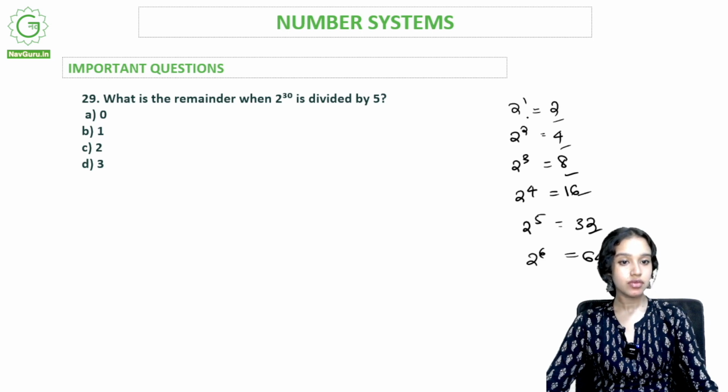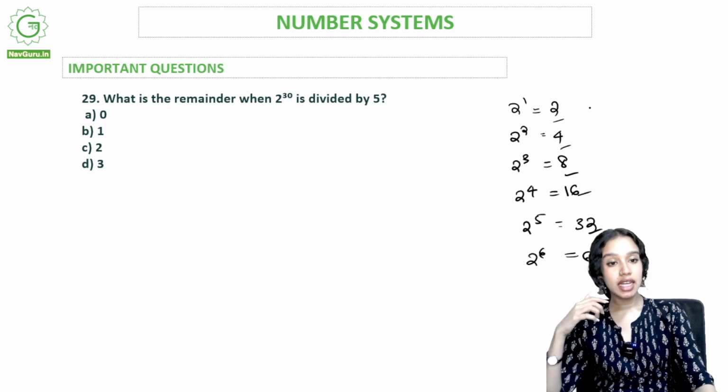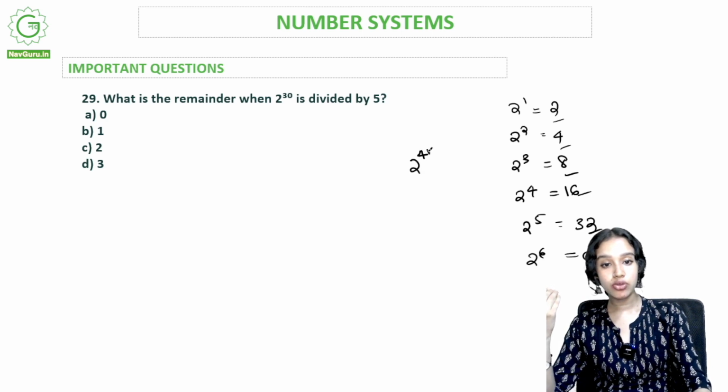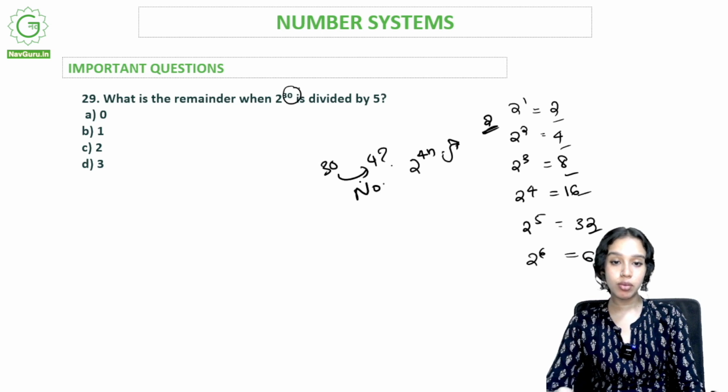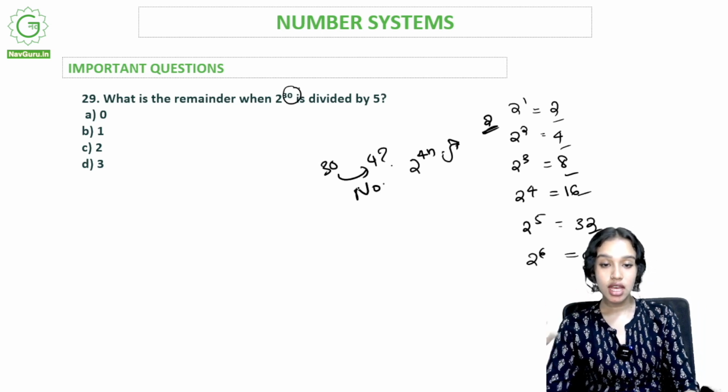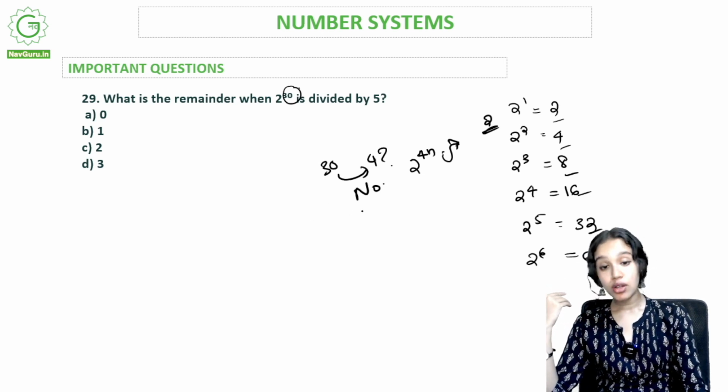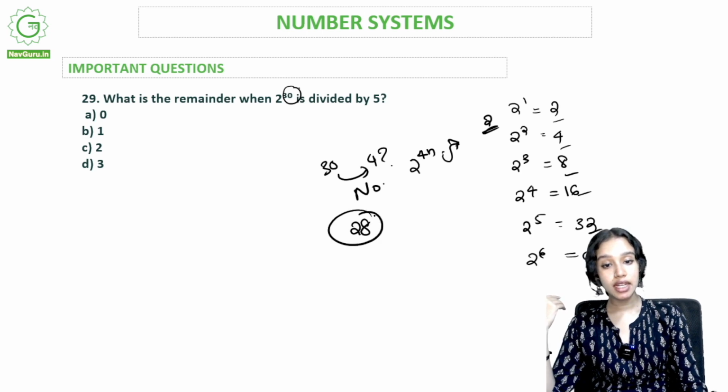So, it's repeating in a cycle of 4. So 2 raised to 4 times n would yield a number whose ones place has 2 in it. So is 30 a multiple of 4? No, it's not. So what is the number very close to 30 that is a multiple of 4? We could say that it's 28.